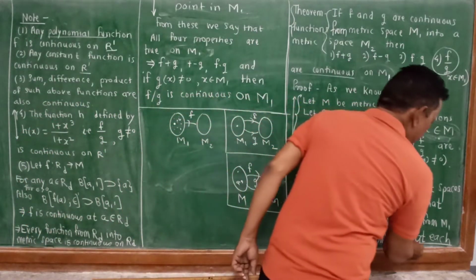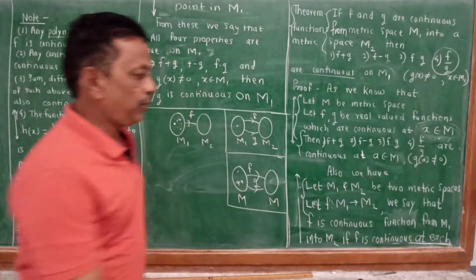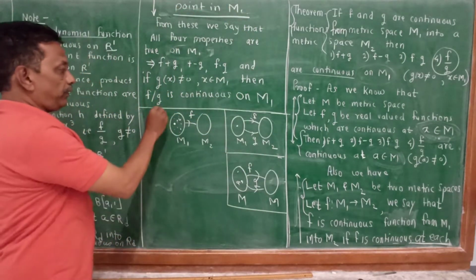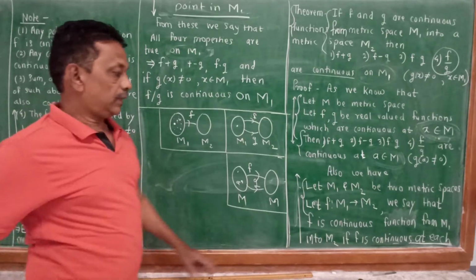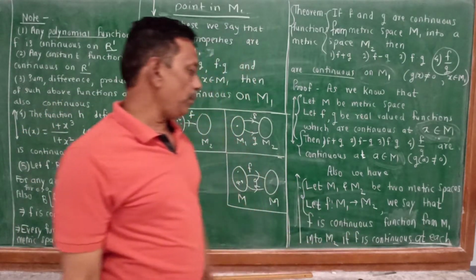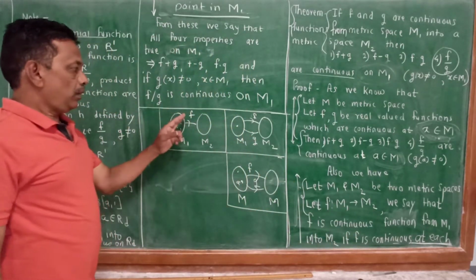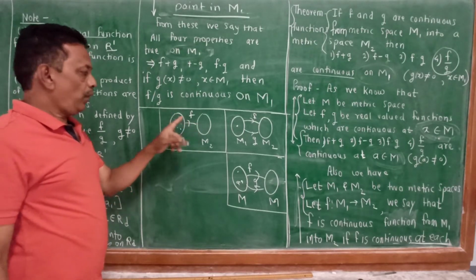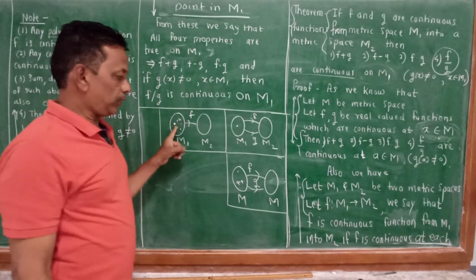If f is continuous at each point in M1, then and only then we say that the function is continuous from M1 to M2. This is the definition of a function being continuous from M1 to M2: when it is continuous at each point.